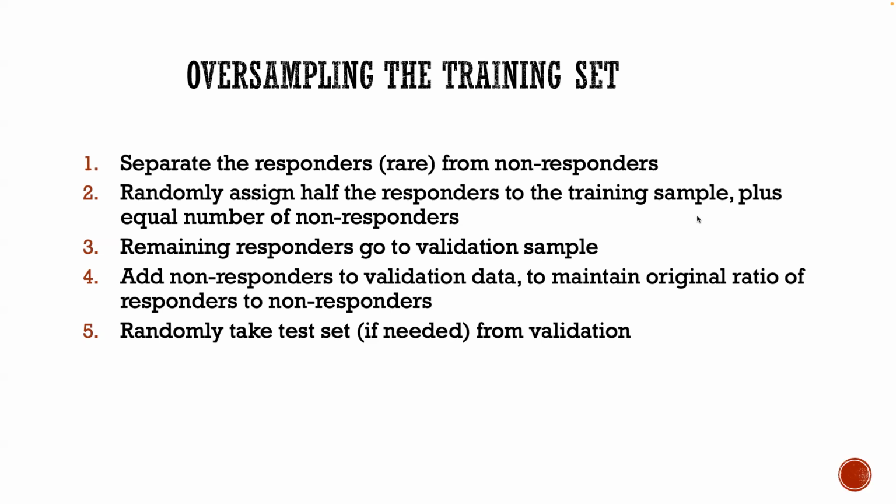First, you randomly assign half of the responders, these rare cases, to the training sample. So if there were 100 of them, 50 are put into the training sample. Then among the non-responders, an equal number, 50, are also put into the training sample. So we have 50 responders and 50 non-responders. Now the remaining 50 responders will go into the validation sample.